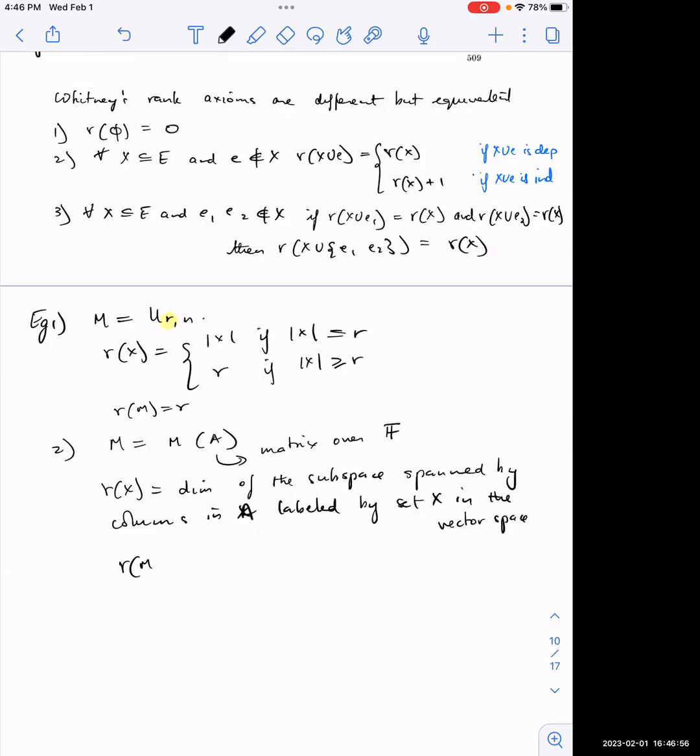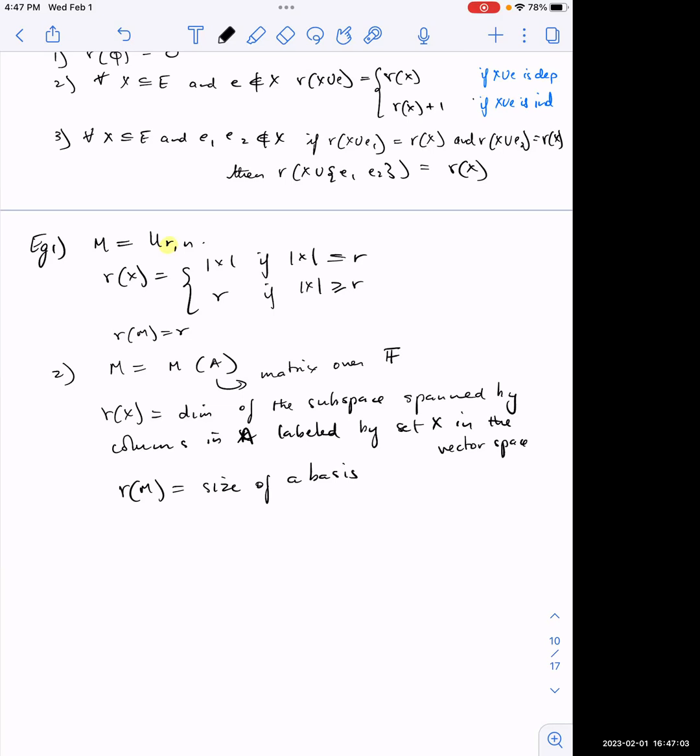And rank of M is just the size of a basis. So the language matches up with matrix language. And example 3 again.